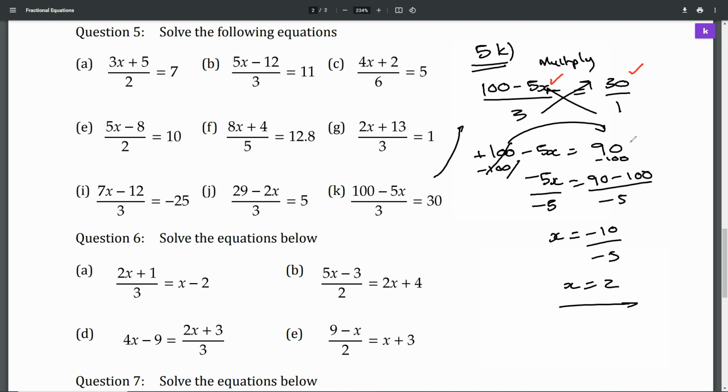Multiply 3 times 30, I get 90. 90 minus 100 is negative 10. Negative 10 divided by negative 5 is 2, right? So if I put 2 in here, then I should get 10, which will give me then 90. And then 90 divided by 3 should get me 30. So the answer is correct for 5K. x equals 2.